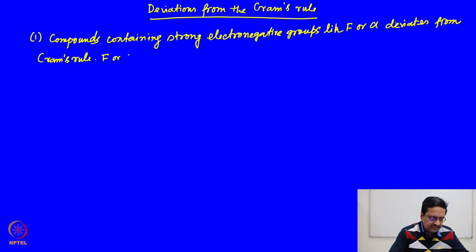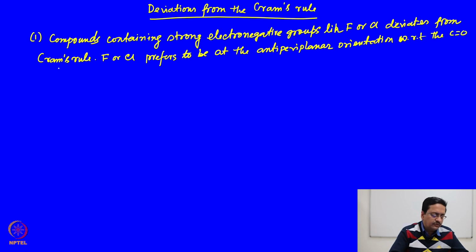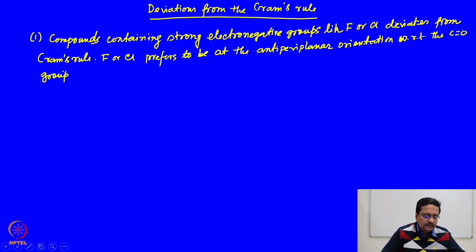F or Cl prefers to be at the anti-periplanar orientation with respect to the C double bond O group, even though they may not be the largest group in the substitution.